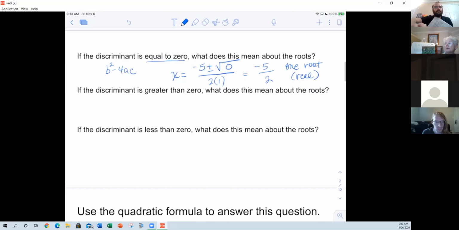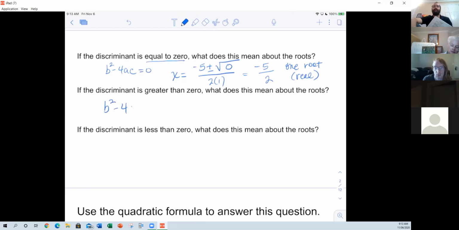What if the discriminant is greater than 0? What does that mean about the roots? There are 2 real roots. That's right. There's going to be 2, and what kind are they going to be? Are they going to be real, imaginary? Real. Real, right. Let's say you had x equals the opposite of b, let's say -5, plus or minus the square root of 25, over 2.